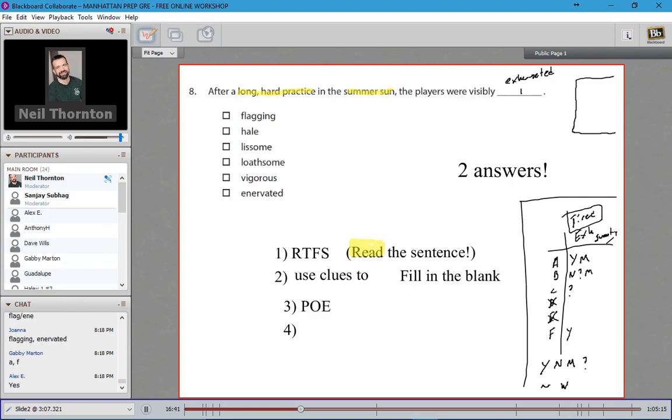So on my scratch paper, I'm going to commit to those, but not 100% yet. Hail doesn't really matter. Loathsome doesn't really. So vigorous and loathsome, definitely not. These two, not really sure what they mean, but flagging and enervated, yeah, I'm going to take those.